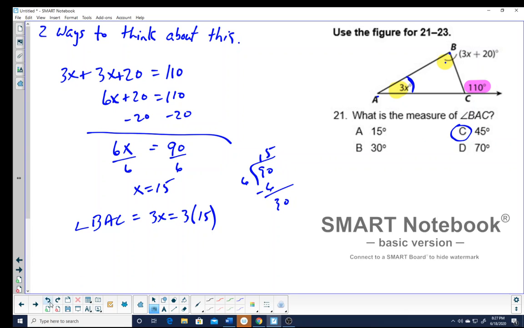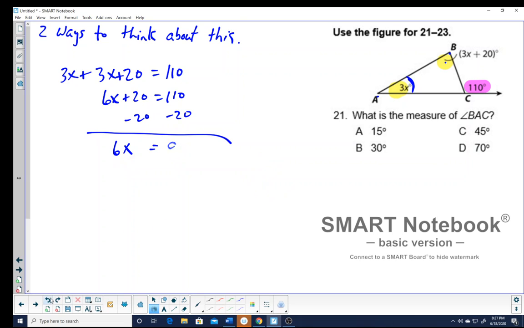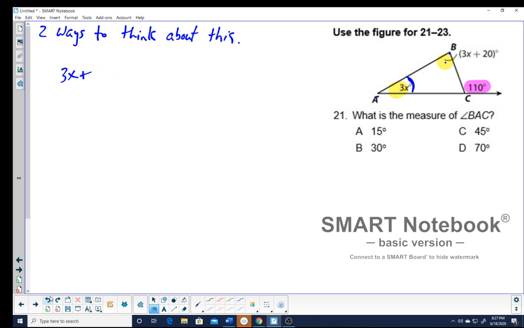Now, there's another way to think about this, so let's look at that. Instead of thinking about exterior angles, remember you could use another strategy. If this angle here is 110, what do you know about this angle right here? These two angles form a straight line, so we know that this angle plus this angle have to be 180. So 180 minus 110 equals 70. So we know that this angle right here has to be 70 degrees because 70 plus 110 is 180.